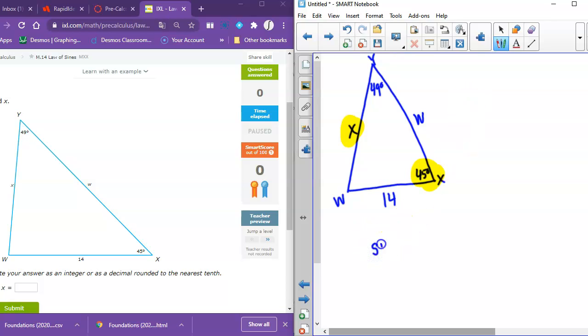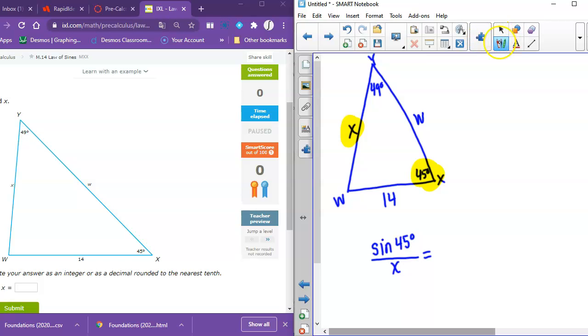So I'm going to have sine of 45 degrees over X. And then that's going to equal, now in our law of sines there were two equal signs. We can't solve an equation whenever we have two equal signs. So what we're doing is we're choosing the two pieces that we need.